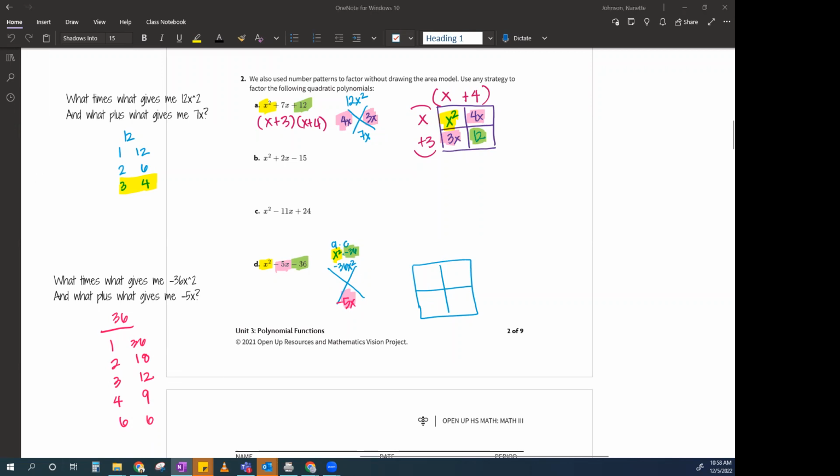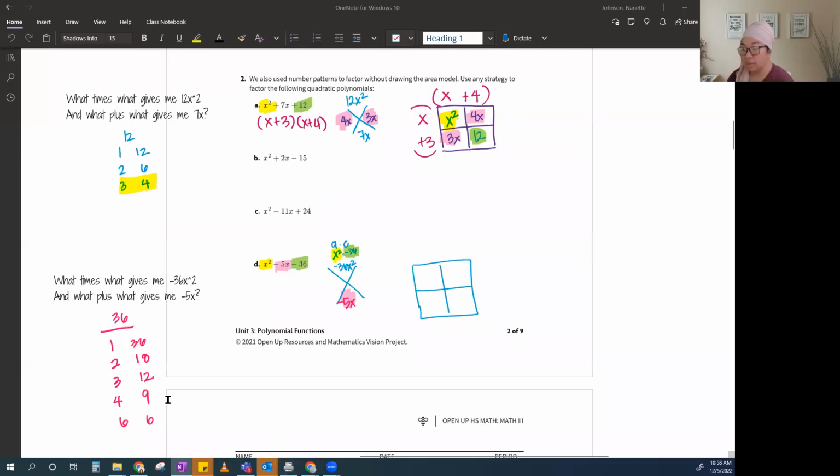I'm going to have you think about that really quick while I help something. Some of you already said the answer and you're right. It's the 9 and the 4. In case you don't know why, it's the only set that will give me a 5. If I added these two together or subtracted, I can't get a 5 with 2 and 18 or 3 and 12, but I can get a negative 5 if I say 4 minus 9.